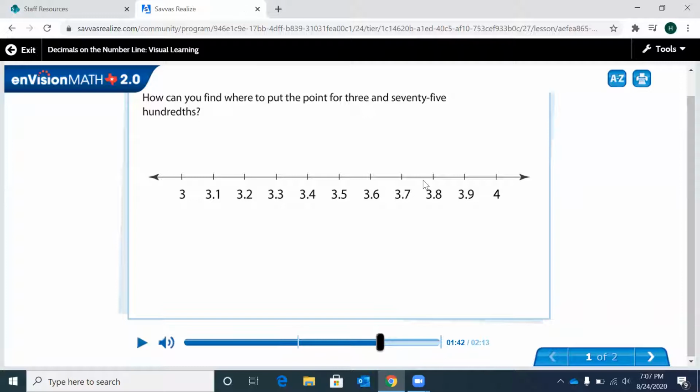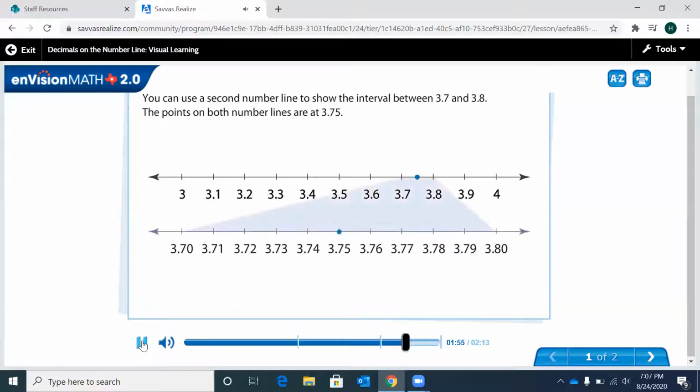Okay, so here we see, if you look at my pointer right here, we have 3 7/10 and 3 8/10. So if you look, 3 75, I know 75 comes in between 70 and 80. You know that the point will go between 3 7/10 and 3 8/10. You can use a second number line to show the interval between 3 7/10 and 3 8/10.